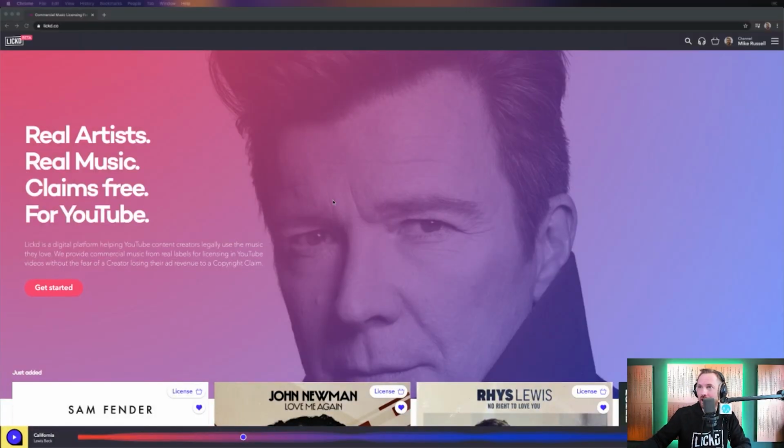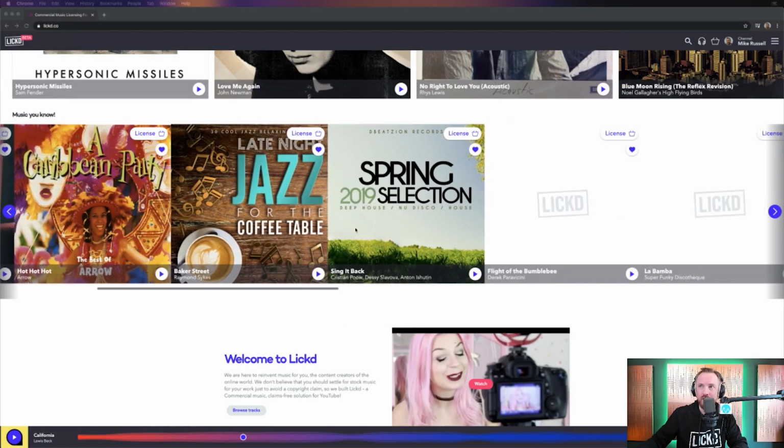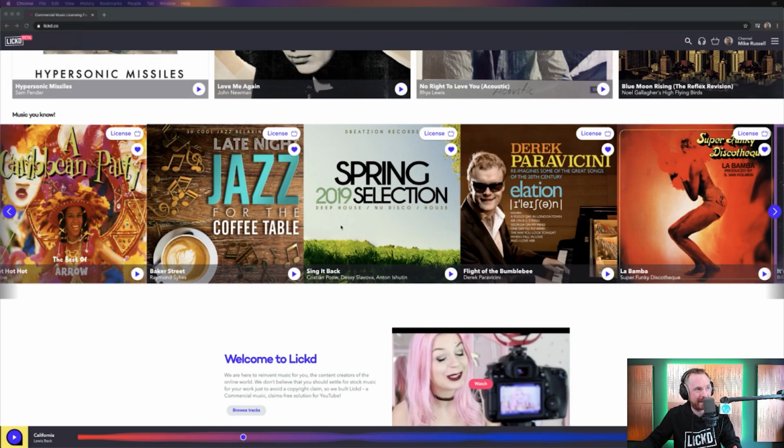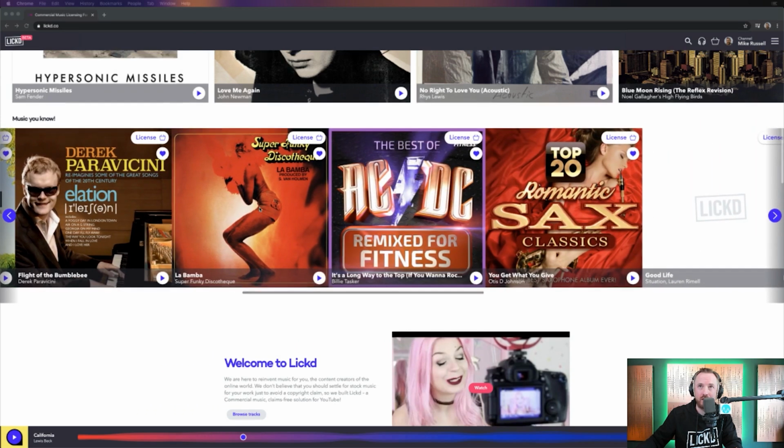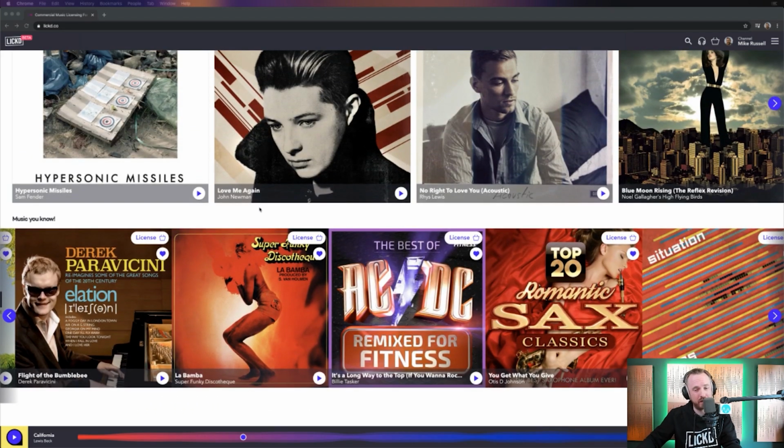So let's talk about choosing the right song and going ahead and downloading something that you want to use, licensing it so you don't get a copyright claim. Why is there a benefit? I'm seeing all these music tracks that I know on the Likt website, but why is there a benefit to using well-known music as opposed to just stock music?